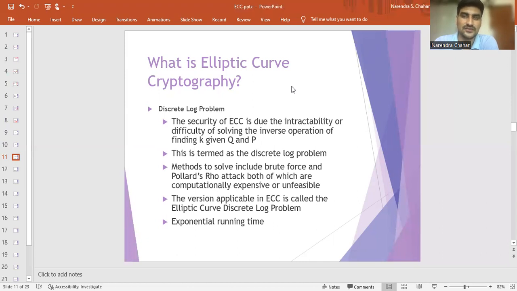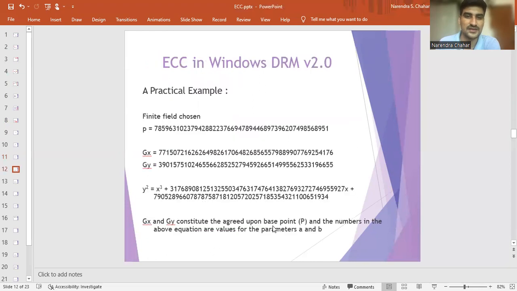Unlike the symmetric key, which was cracked so early by brute force within minutes or seconds, the version applicable in ECC is called the elliptic curve discrete log problem, ECDLP. The running time is exponential.